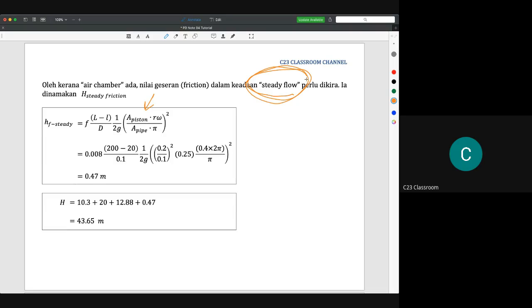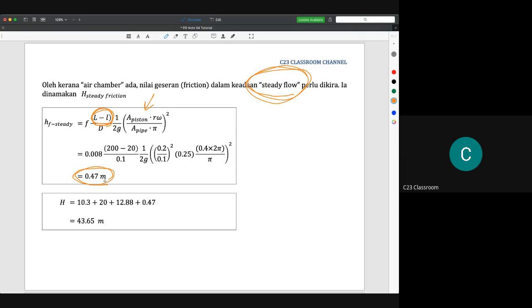Again, we need to make sure that we deduct the length which is not covered by the air vessel, so it is 200 minus 20, which gives 180 meters here. We substitute everything and then we get 0.47 meters.